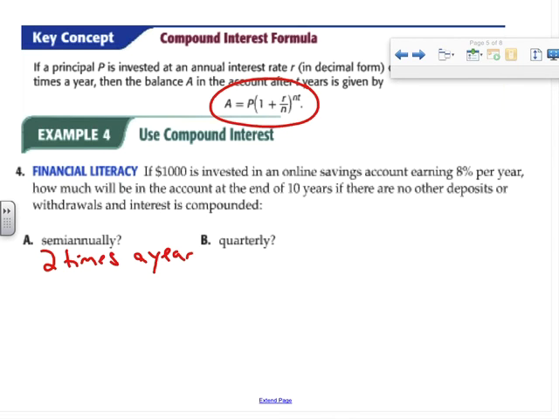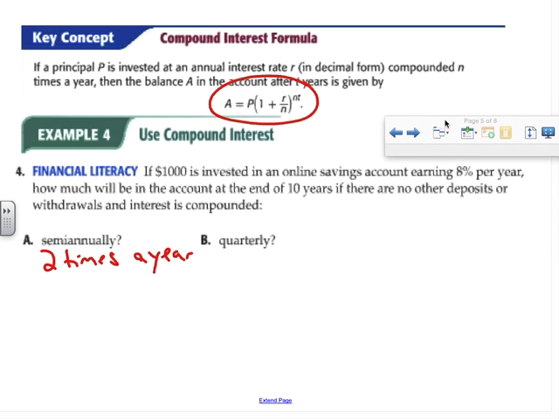Looking at this formula up here, the T is years, and the N is how many times a year it's compounded. So the N in my formula is going to be 2 for part A, and the T for parts A and B will be 10 for 10 years.